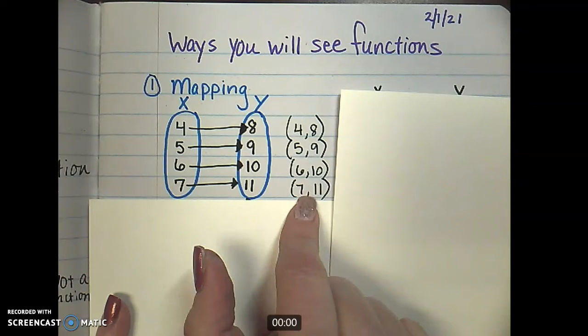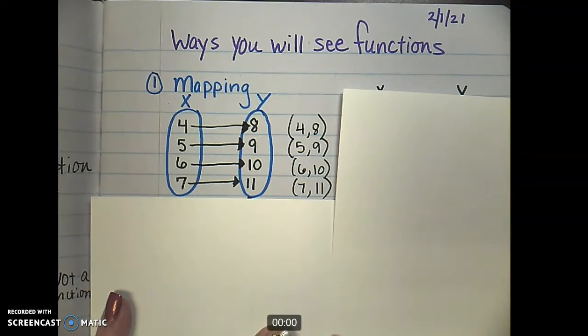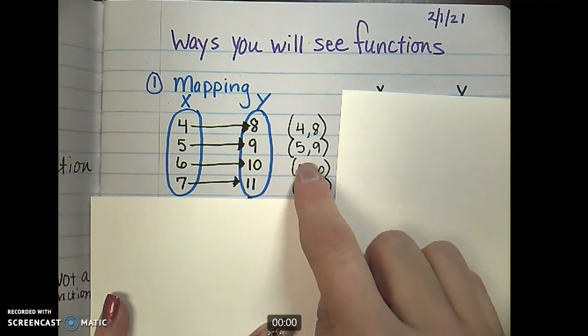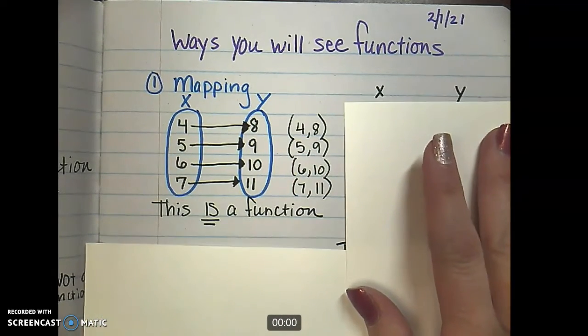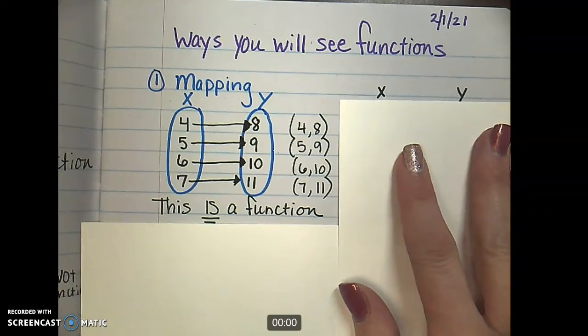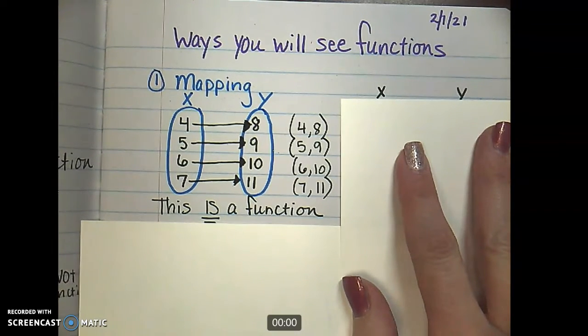Would this be a function? What do y'all think? Yes, that is a function. None of the X values repeat. There's a 4, a 5, a 6, and a 7. So that is a function. Okay?